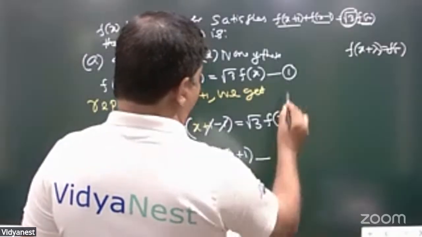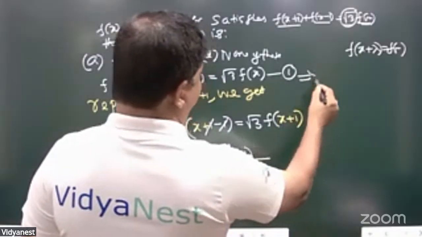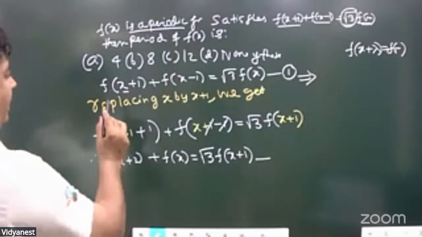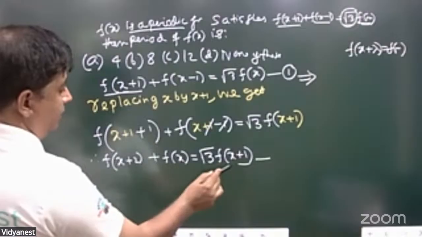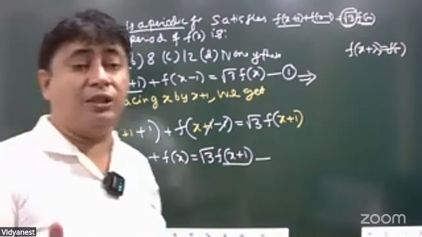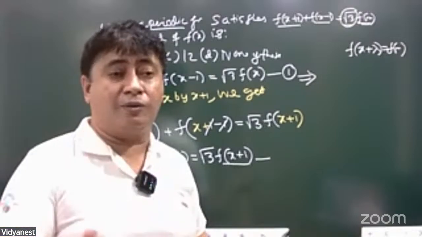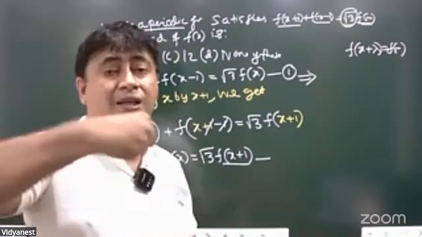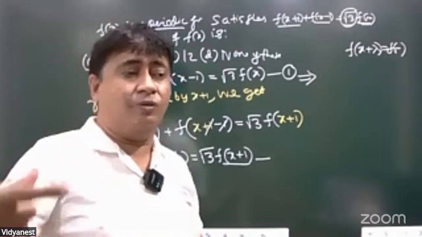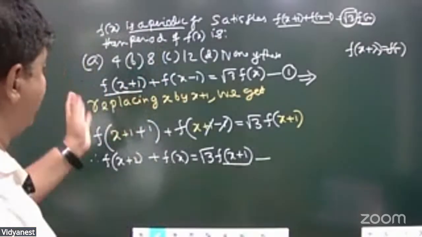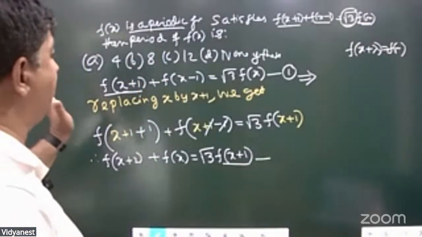And from here one thing I can do. See, between these two, what is the connector? f(x+1). You did the substitution method in class 9 linear equations: from one equation we extract the value of y and put it in the other equation. Same concept, we will do that.